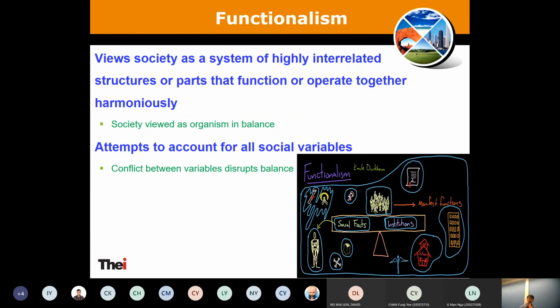So when we talk about functional approach, we want to talk about the whole picture of our society. And then we have to pay attention to the conflict between different agents when we cannot have a balance among them. Consequently, we may have the rise of conflict.